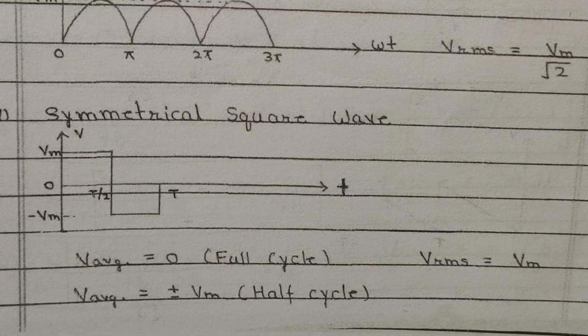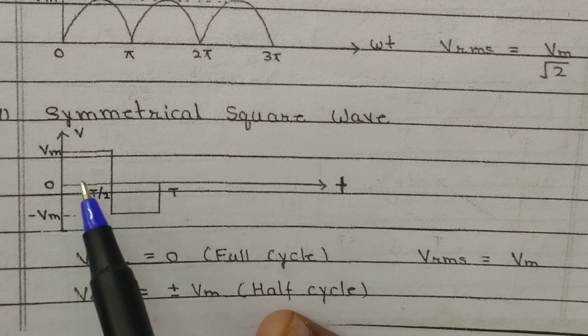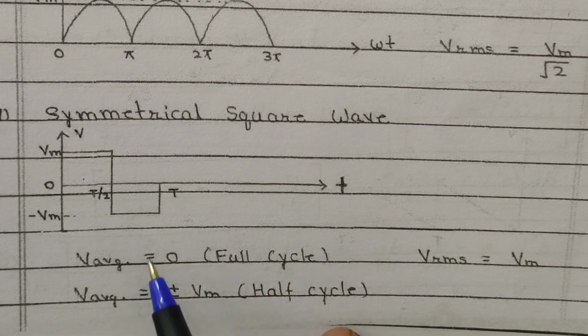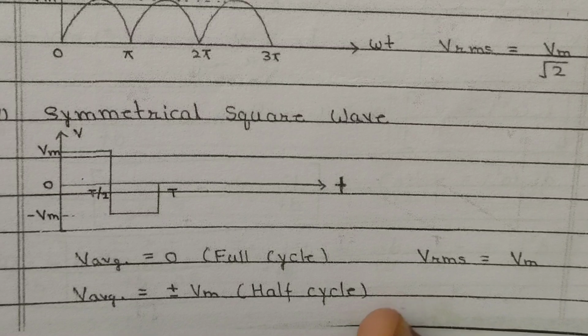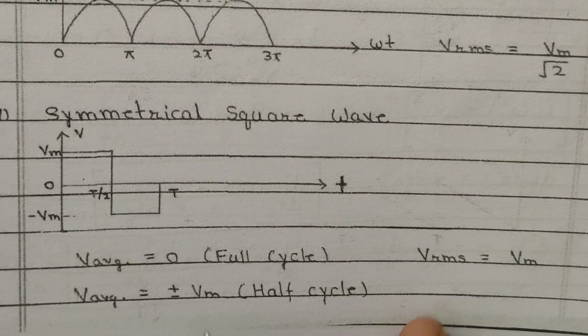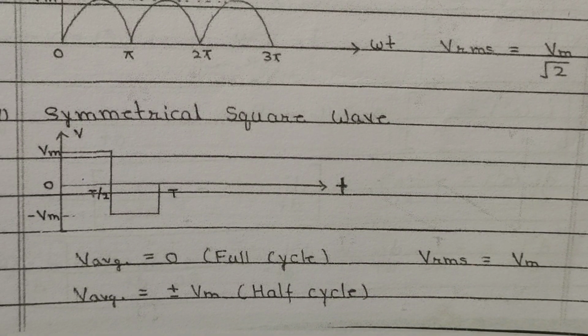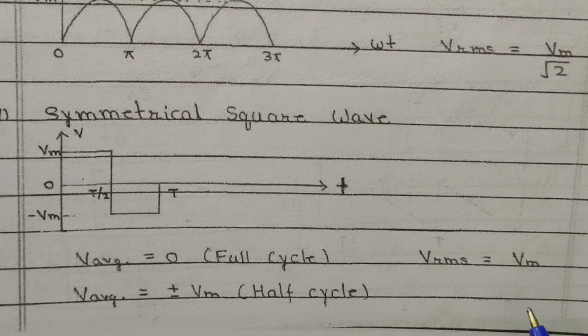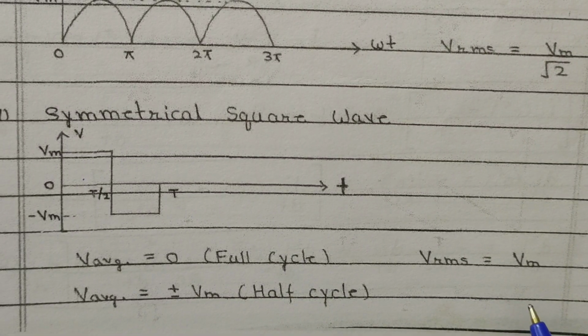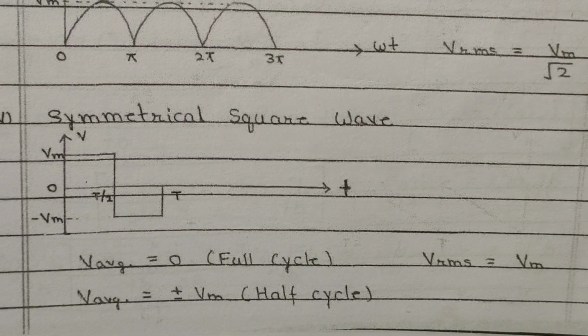For a symmetrical square wave, this value and this value will cancel out each other. So the average value will be 0 for a full cycle, and the average value is plus or minus Vm for a half cycle. The RMS value equals Vm, which is the same as DC excitation.